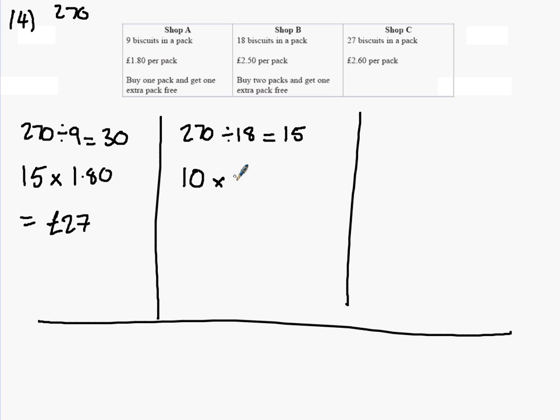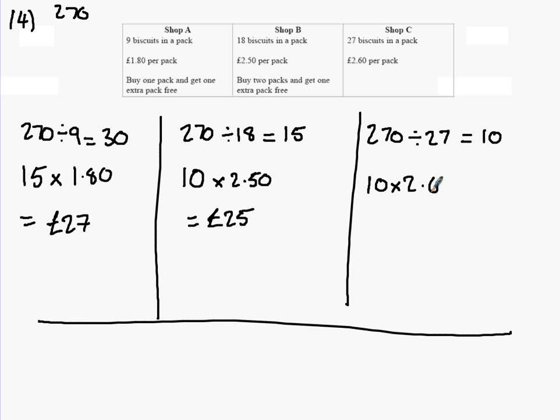Times that by £2.50, and that will give me £25. The last one, 27 biscuits in a pack. So divide by 27. So that's 10 packs and it's £2.60 a pack. That will give you £26.